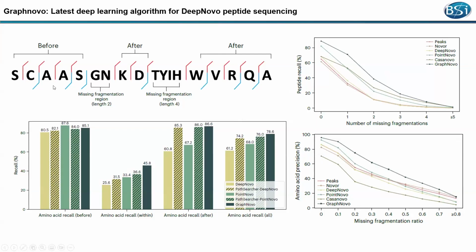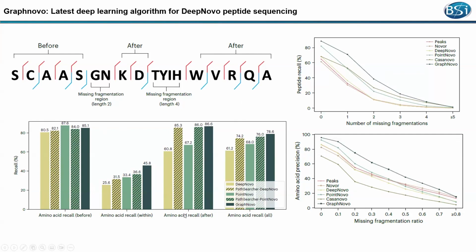If in this sequence you name the sequence before the missing fragmentation region as before, and after the missing fragmentation region as after, you can see from this bar chart that amino acid recall percentiles within the missing fragmentation regions are low.